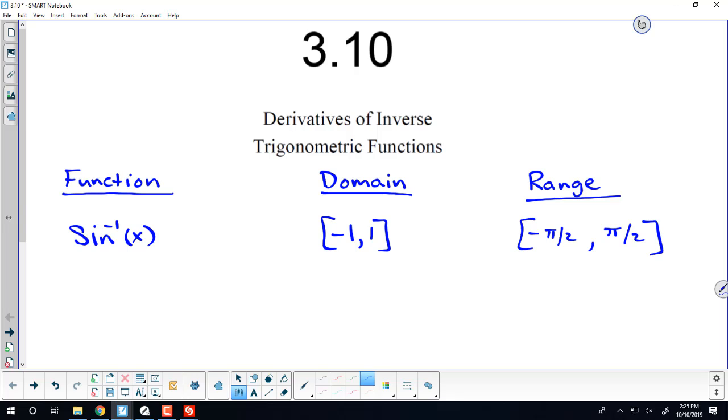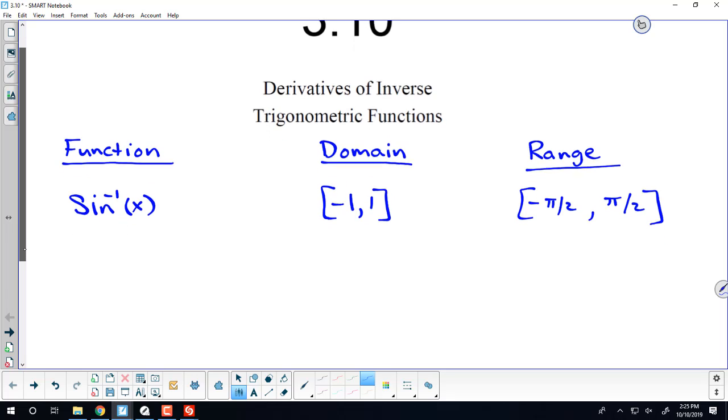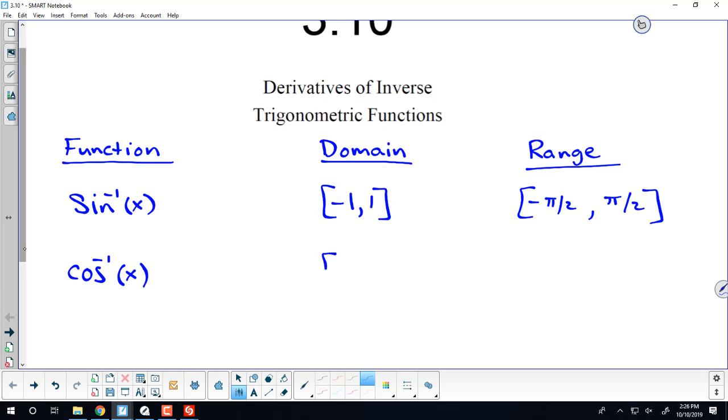The domain and the range of these become important once we start talking about how these derivative formulas come about. The inverse cosine had a domain of also -1 to 1. Inverse cosine's range was from 0 to pi.